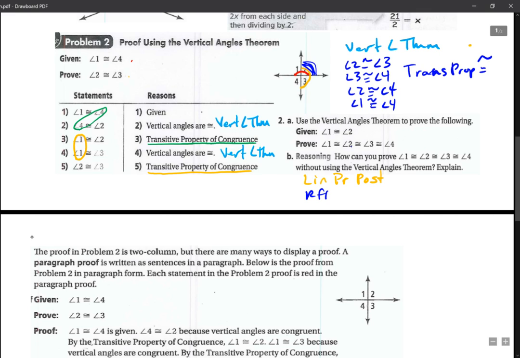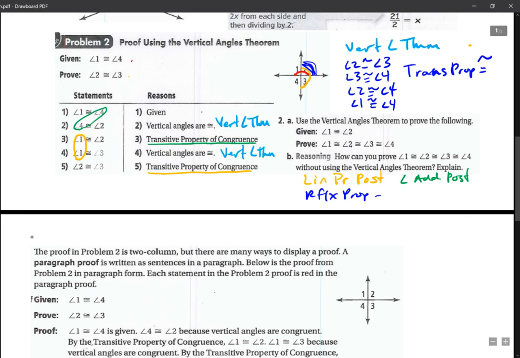So reflexive property of congruence this time, and probably angle addition postulate. That would mean it's reflexive property of equality.